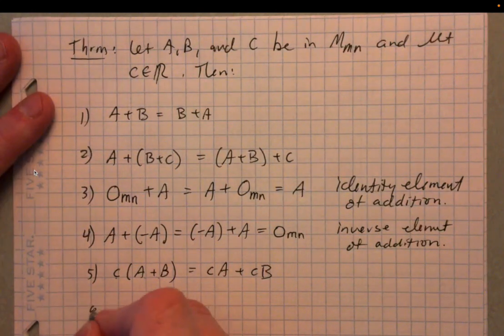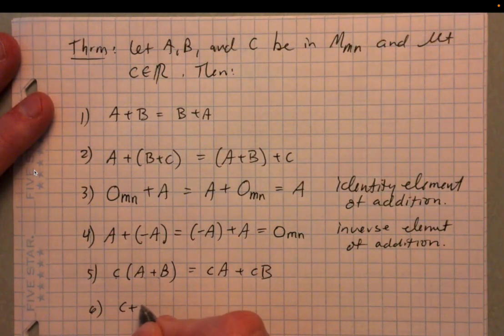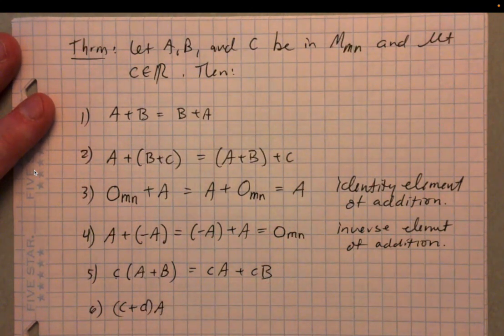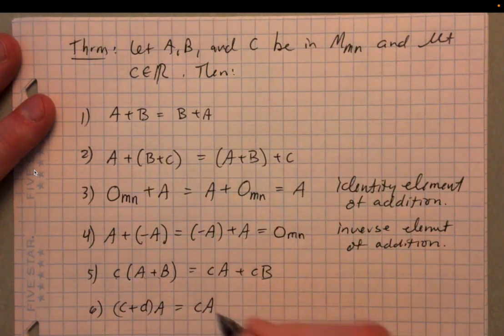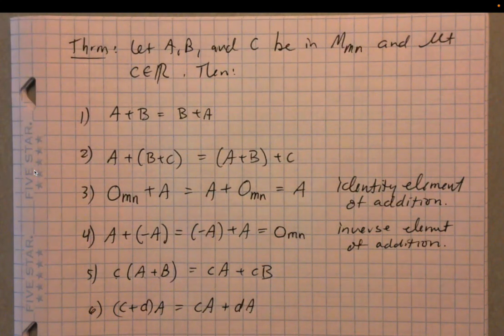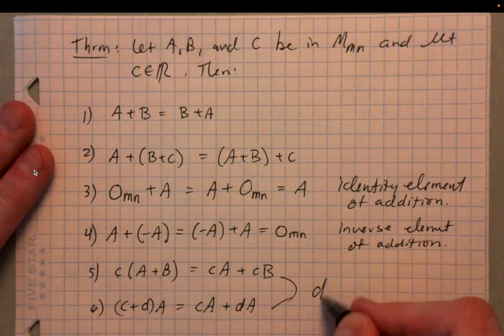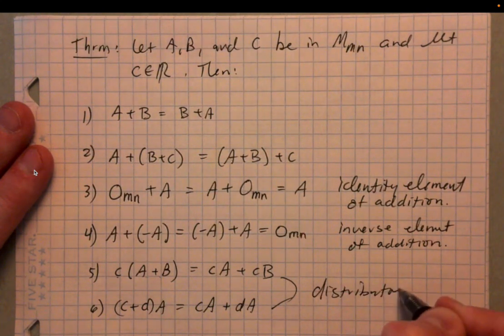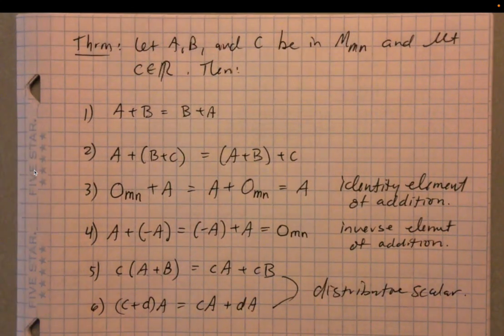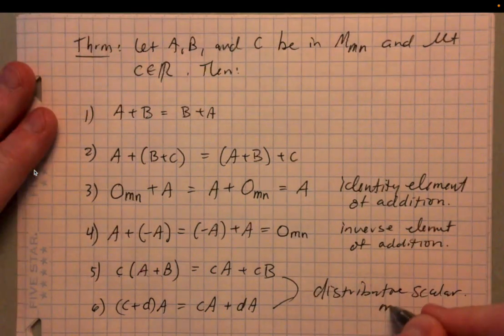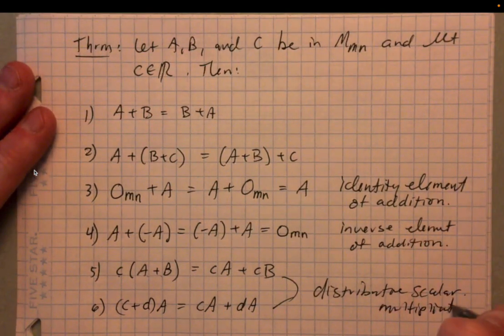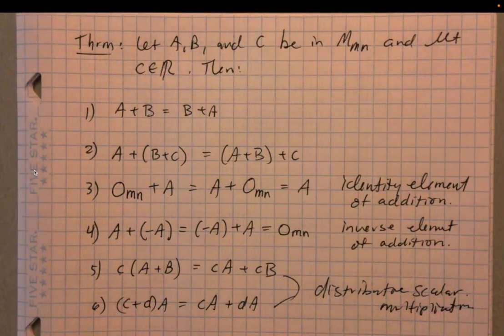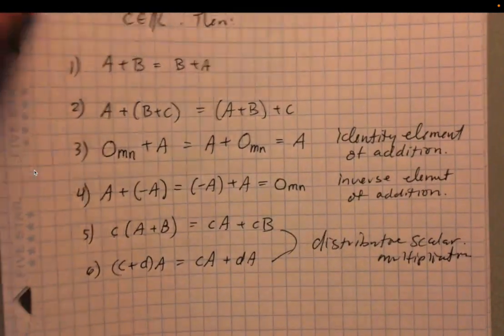And it's also true if I have two scalars times a matrix, then I can take cA and add to that dA. Right, so these are distributive. Okay, so it works like you'd expect it to work. No tricks yet.